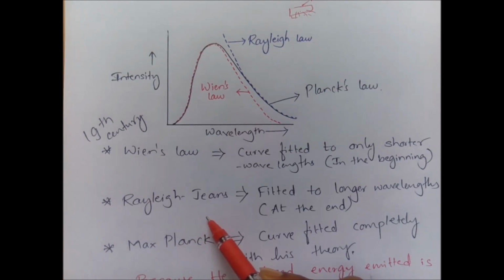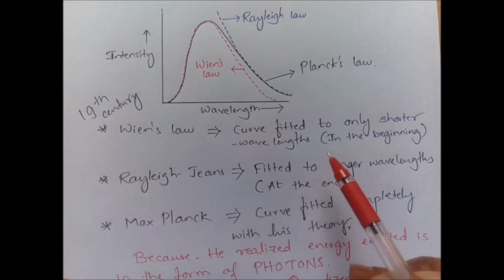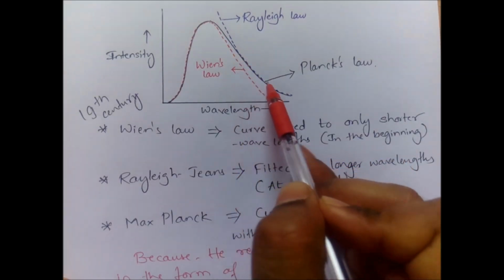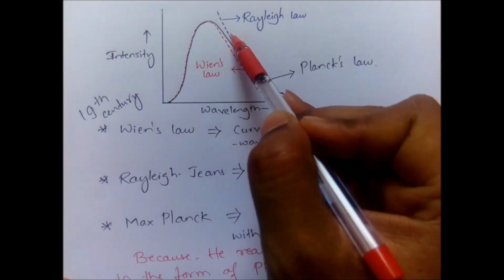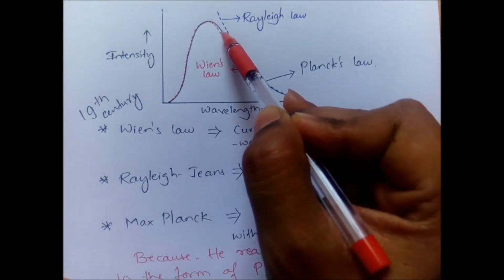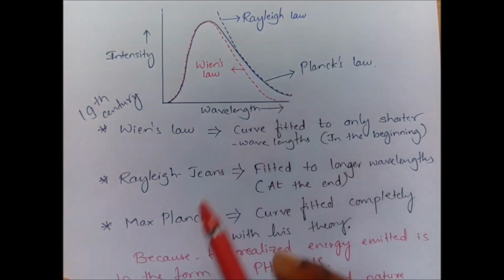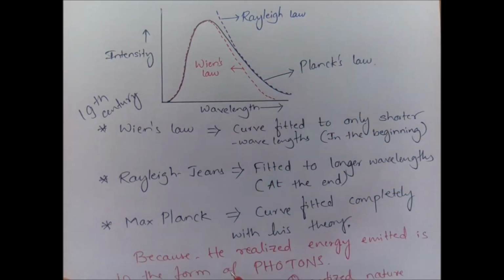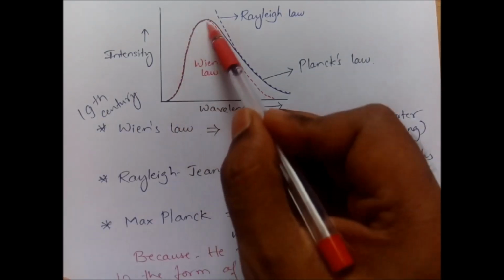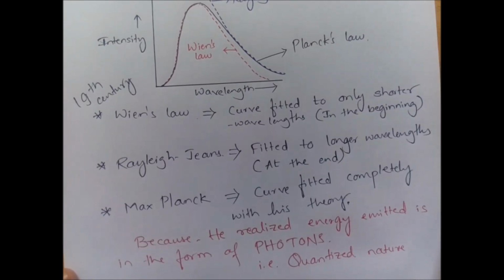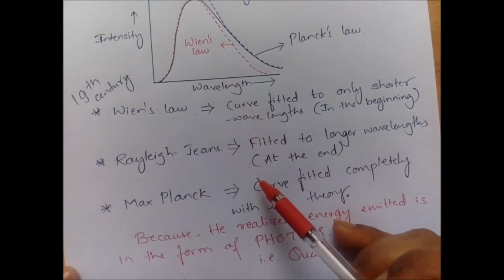And Rayleigh-Jeans's equations, his theory, explained only the higher wavelengths. It did not fit the rest of the curve; it goes up here, so only the higher part of the curve fitted. So neither Wien nor Rayleigh-Jeans explained the entire curve, whereas Planck explained it very well.